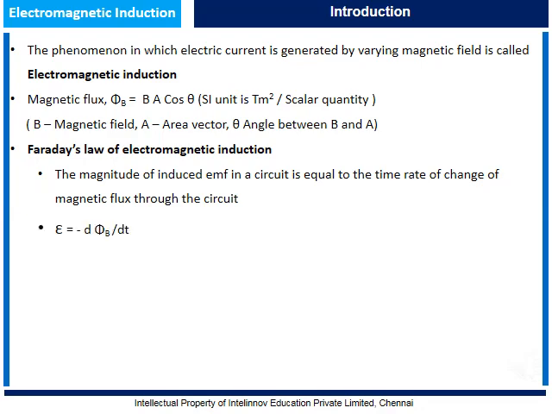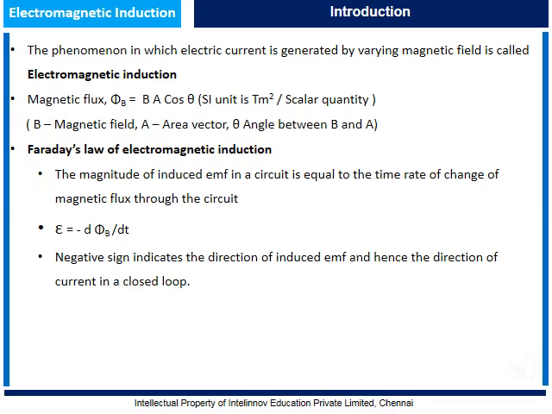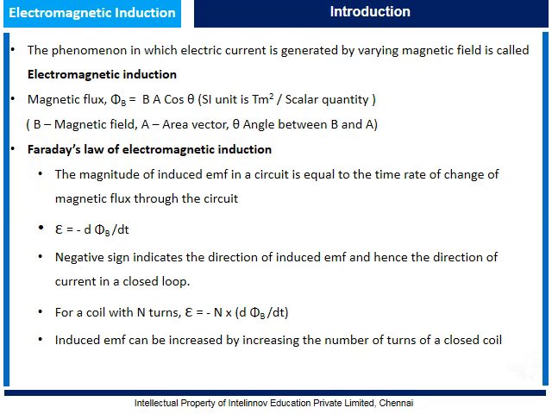Here the negative sign indicates the direction of induced EMF and hence the direction of current in a closed loop. For a coil with N turns, this induced EMF is equal to minus N dΦ_B by dt. Induced EMF can be increased by increasing the number of turns of a closed coil.